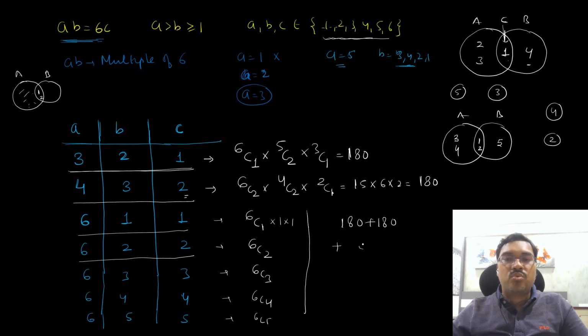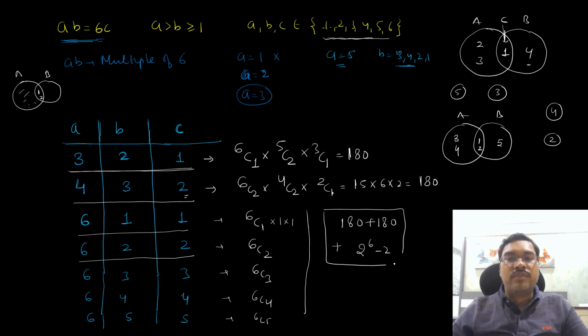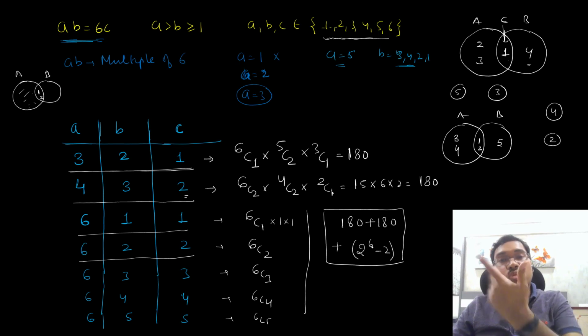Can we say this is 2 raised to 6 minus 2? This will be the total number of ways. Why? Because we know the property nC0 plus nC1 plus up to nCn is 2 raised to n. So we don't have 6C0 and 6C6, so we have just removed these. So this will be the total number of ordered pairs of A and B.